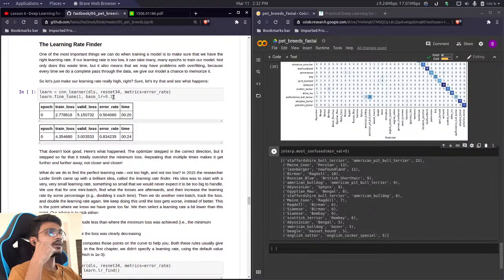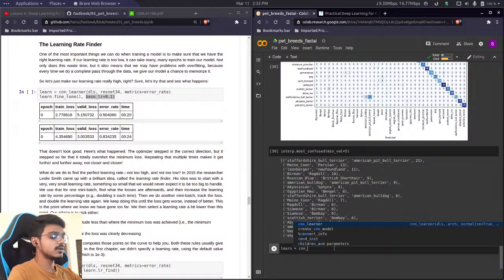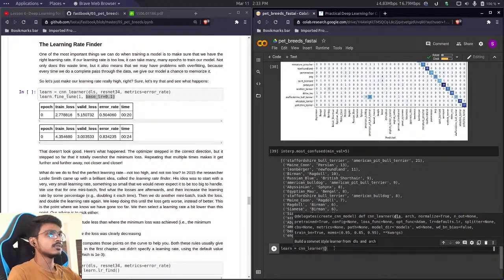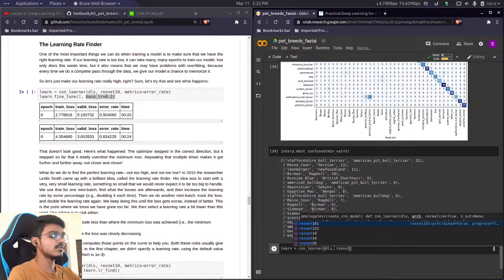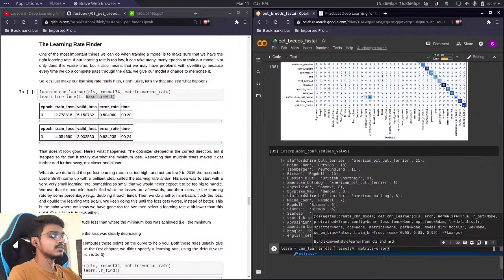They have tried a 0.1 learning rate. By giving the parameter base_lr, we can tune the learning rate. Let's try to do that. Let's get the CNN learner, pass the data loaders class, and the ResNet34 architecture, and metrics. For metrics we will pass the error rate.